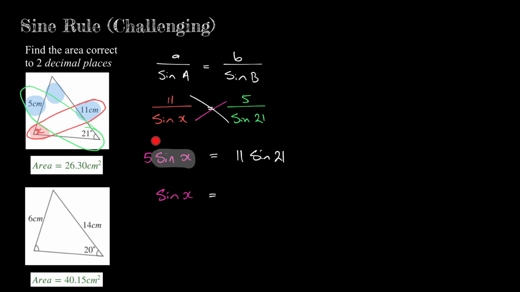So here I'm multiplying 5 by sine of x. So to get rid of that 5, I need to divide the left-hand side by 5. If I divide this side by 5, I'd be left with just sine x. But because I'm dividing the left-hand side by 5, I have to divide the right-hand side by 5. So I'm going to take that there and divide it by 5.